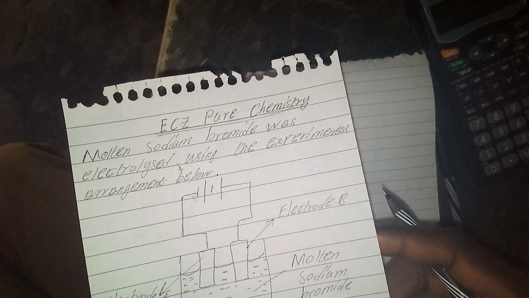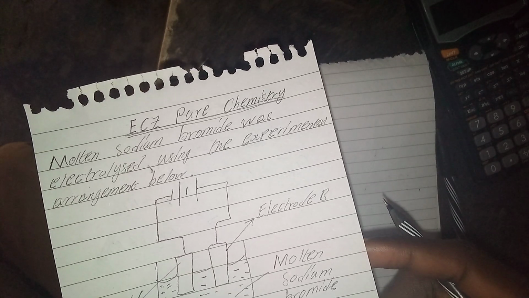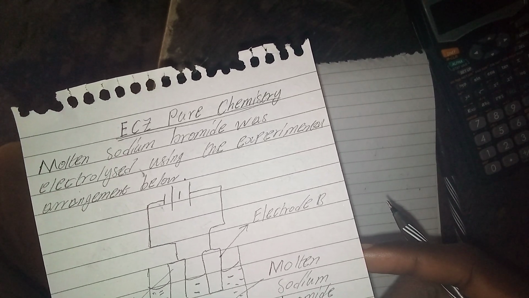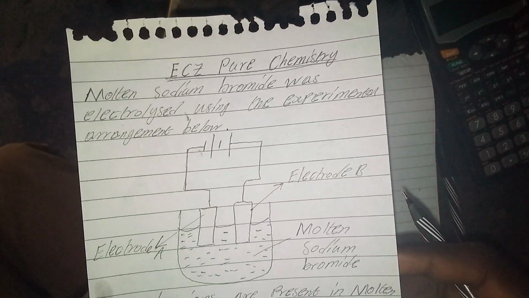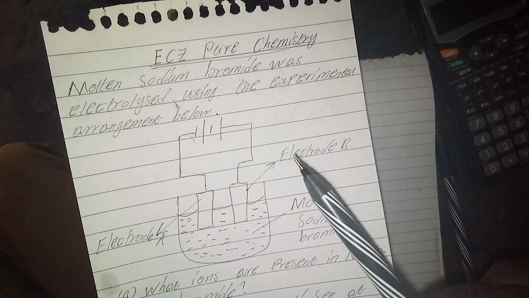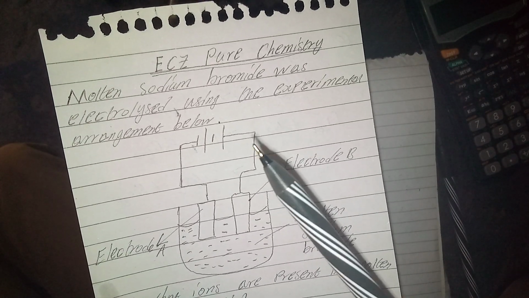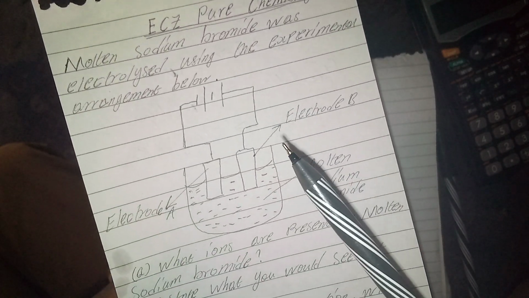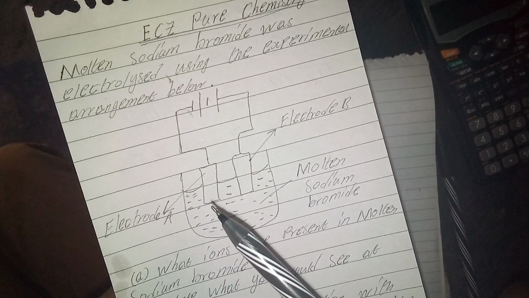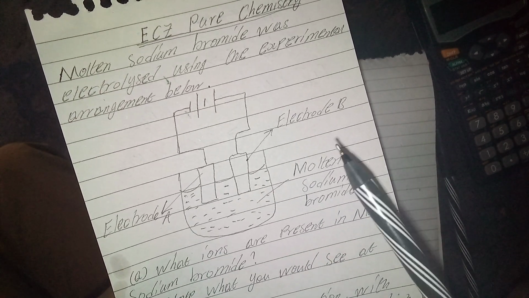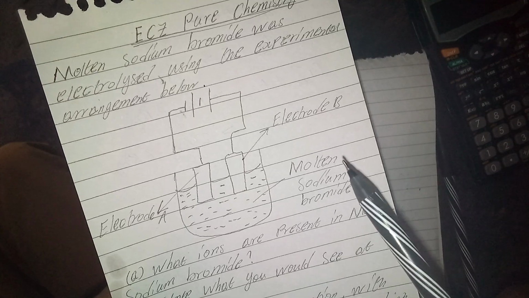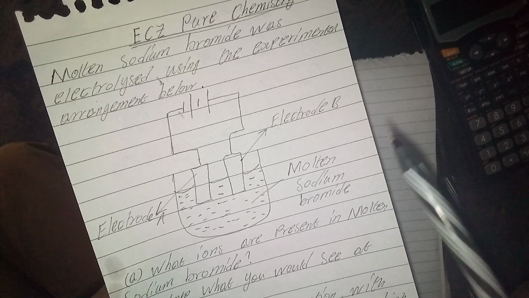Okay, so the question reads: molten sodium bromide was electrolyzed using the experimental arrangement below. So we have this arrangement of molten sodium bromide. There we have electrode B, and we have electrode A, and we have molten sodium bromide.